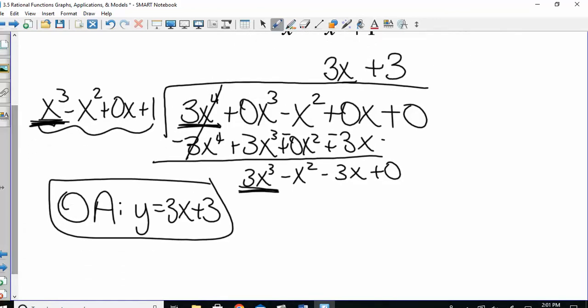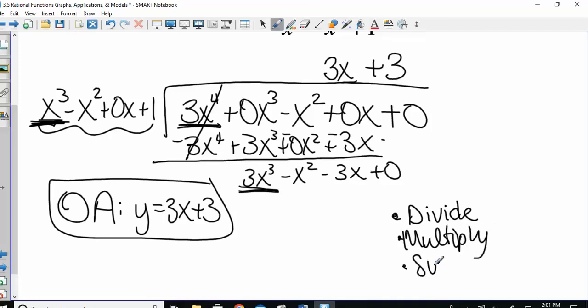So, when you do long division, it's basically a 3-step process. You divide, multiply, subtract.